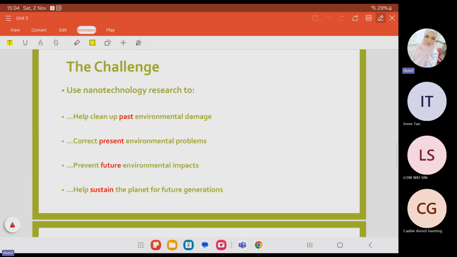Also, we hope to prevent future environmental impact and help sustain our planet for future generations, for our kids. Nanomaterials may also offer opportunities for the reduction of environmental pollution through nanotechnology research.